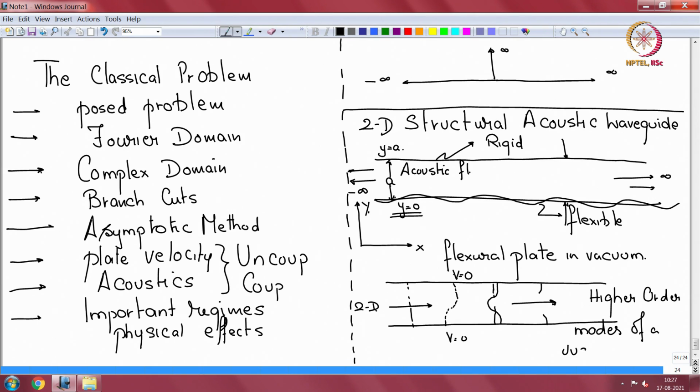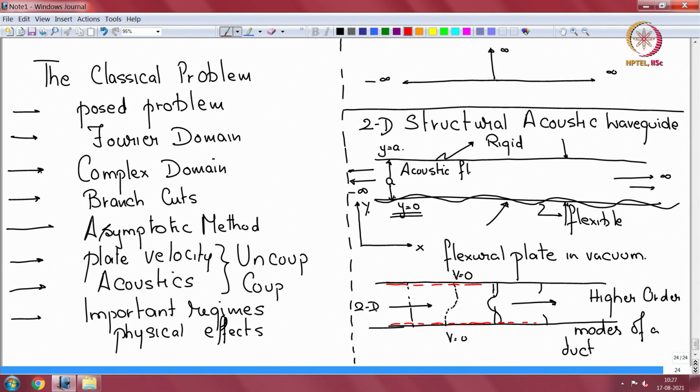This comes from acoustics, which I am not going to repeat. One should know this from acoustics. So, uncoupled from the other medium, the flexural plate placed in vacuum, or this acoustic fluid with rigid walls, they behave uncoupled in isolation.